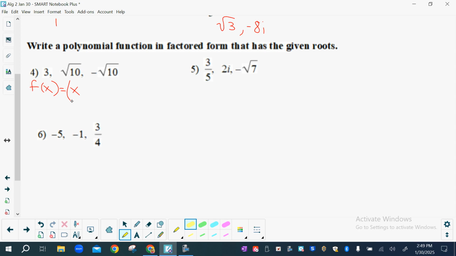What's the factor for the 3? x minus 3. And then what would be the factor for square root 10? Where would the x be?